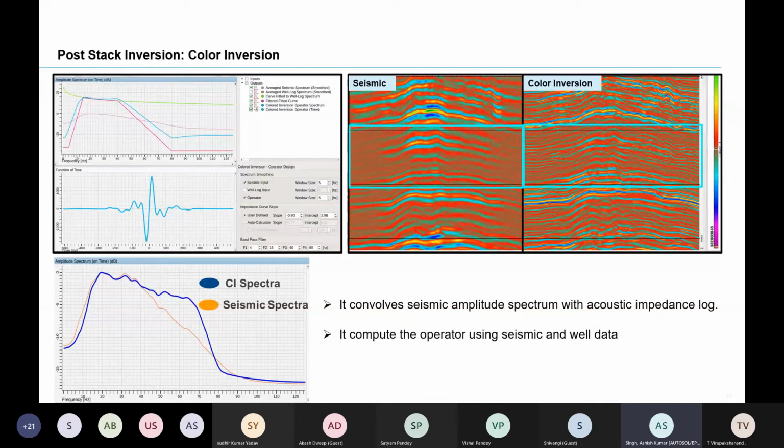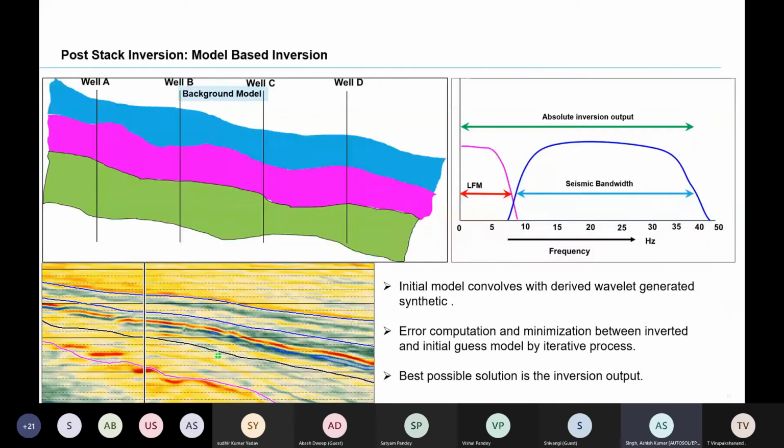Let's understand the second method. The second method is model based inversion. Okay, see what a model is. Basically, in the non-uniqueness problem, we have seen that there are so many solutions for a single impedance value or anything. So we wanted to minimize that risk, basically that uncertainty. So we make an initial guess model.